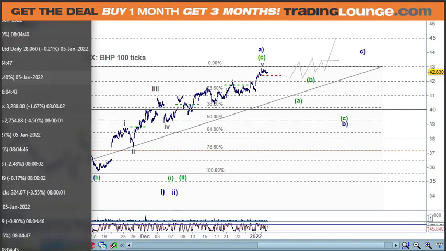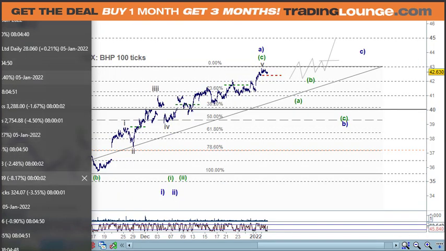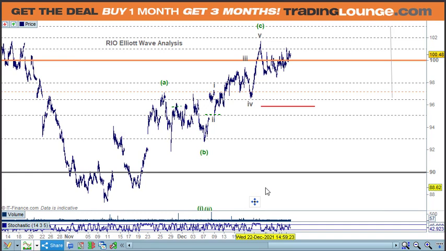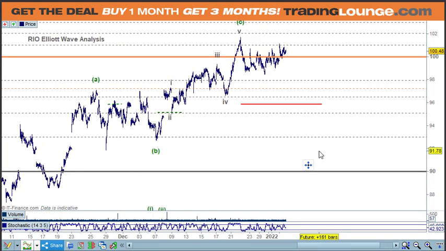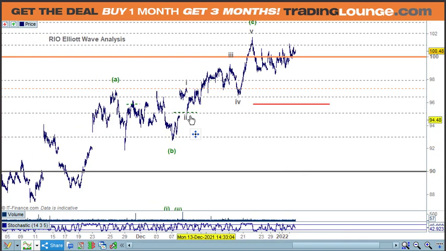Let's just have a look at Rio and so on here for a moment. Rio's up there as well. I think we'll leave Rio because it's a straight iron ore play, isn't it?